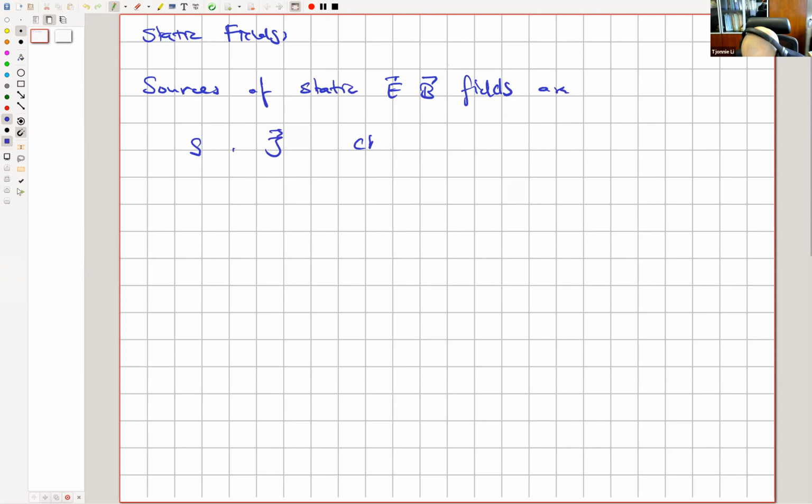So charge and current. But in particular, for current, we're talking about a steady current. It's a current that always flows at the same rate, and there's no divergence. There's no spreading out, no creation of extra charge density.